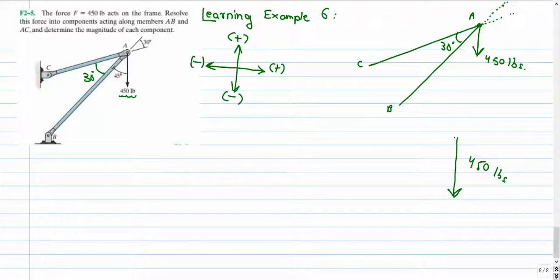Alright, so the next vector that we can draw is the AB vector. So what if the AB vector was something like this, in the AB direction, while the last vector we know has to be in the AC direction. This is AB, this is AC.